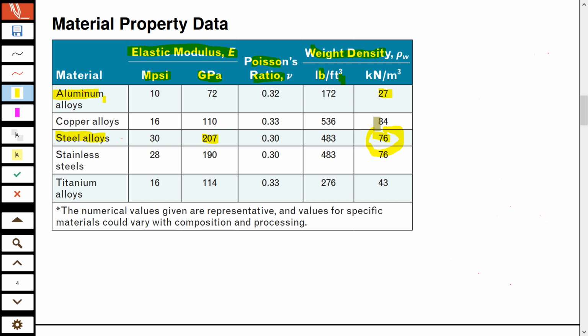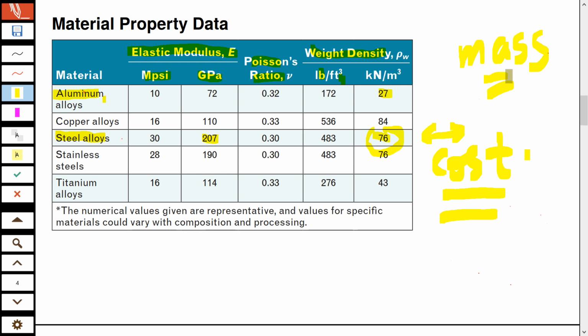No, let me just phrase it. Weight density. It has more weight, so it will be heavier. Actually, what I had in mind was the cost. If cost was a problem, cost translates to mass.